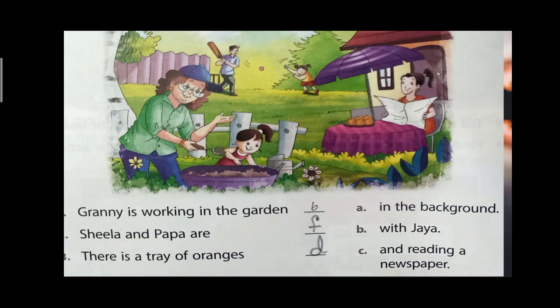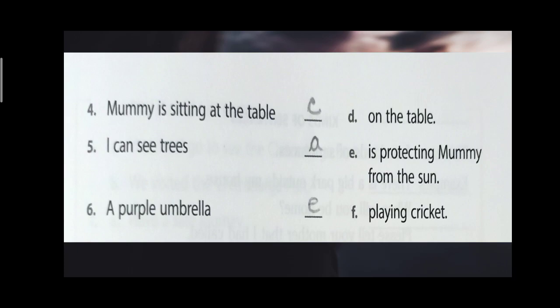Number 3, there is a tray of oranges. Its answer will be D. Hence the sentence has become there is a tray of oranges on the table. Now number 4, Mummy is sitting at the table. Its answer is C. Hence the sentence has become Mummy is sitting at the table and reading a newspaper.